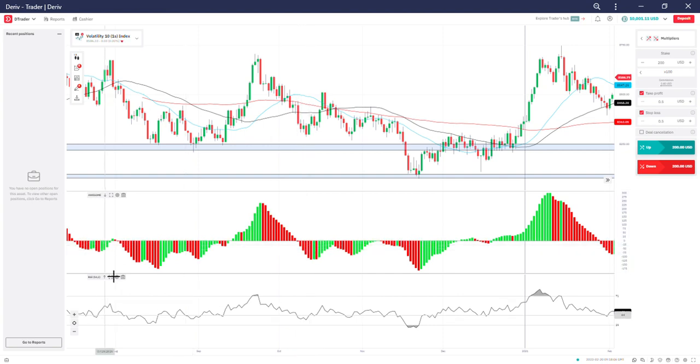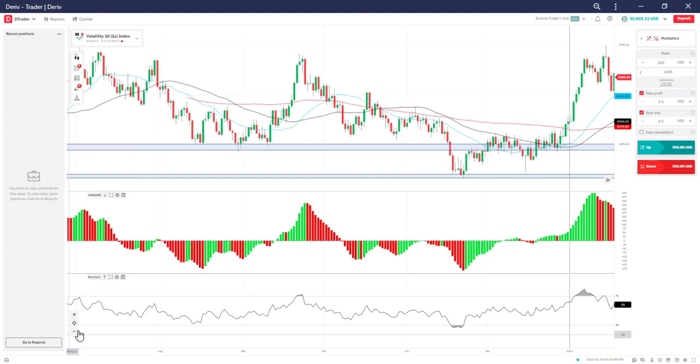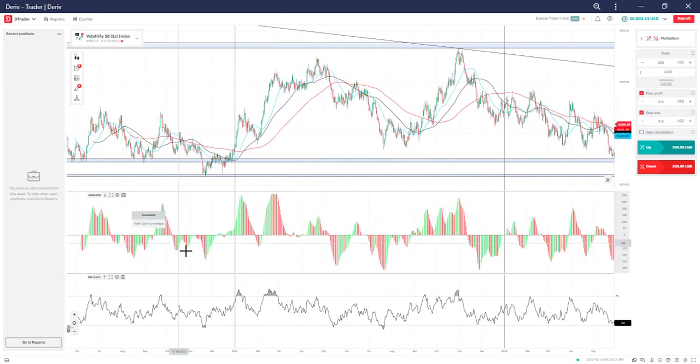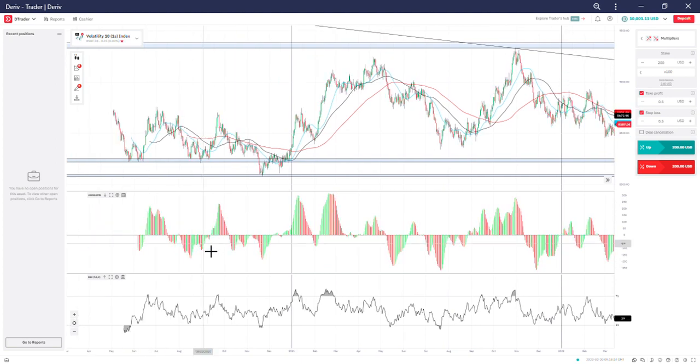But this is not always the case with the crossover strategy. Again, nothing is 100% perfect in forex trading, but at least we always find use of indicators and certain strategies giving us better probabilities of winning.